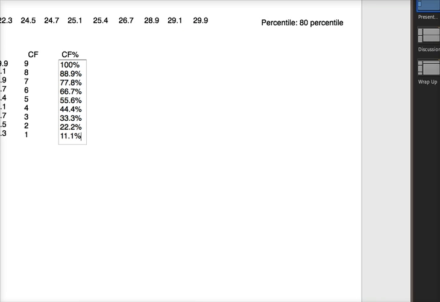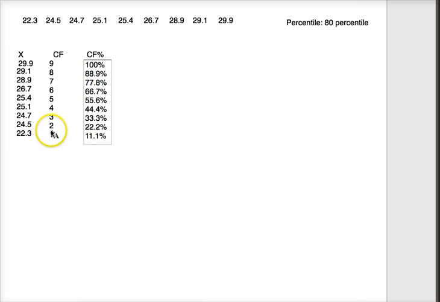All I did was take 1 divided by 9 and got this percent.